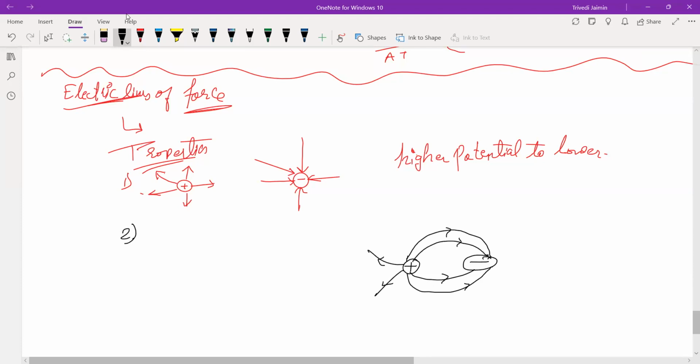So in short, we can say unlike charges attract each other. And if we place some like charges, they will be repelling.